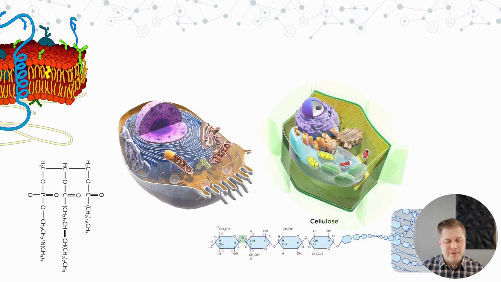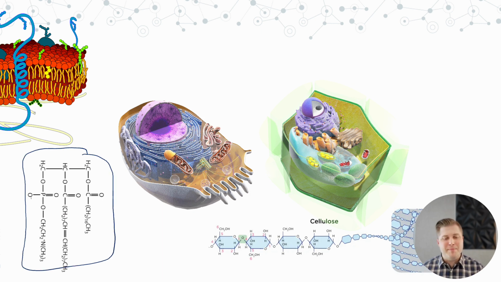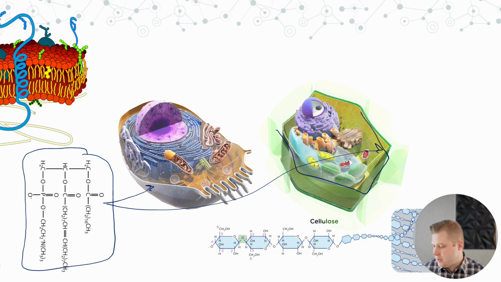One example of this similarity is that they both have this cell membrane. And remember, cell membranes are going to be made out of lipids. Specifically, we call it the phospholipid bilayer. But both of them are going to have this little outer covering made out of those lipids. The plants have an extra layer.